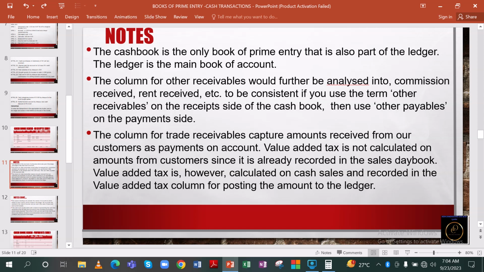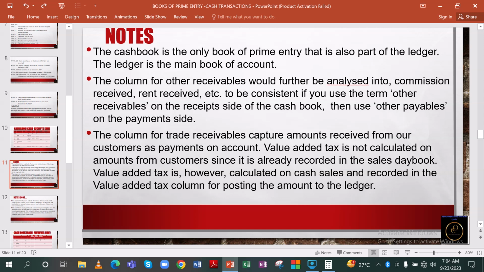Then value-added tax is not calculated on amounts from customers since it is already recorded in the sales table. When there is a credit transaction, the moment it is captured, the VAT is calculated and accounted for. So when the customer finally pays, you cannot calculate VAT because that would be a double payment.